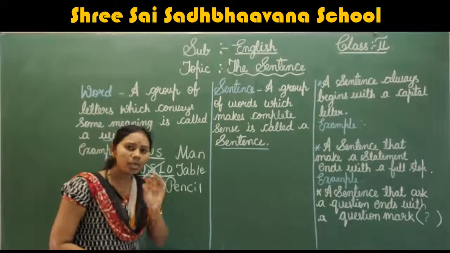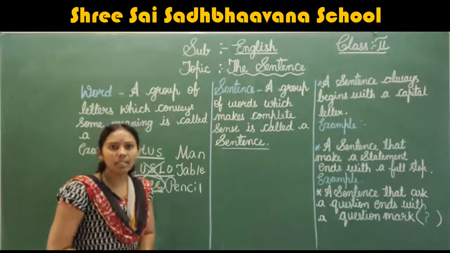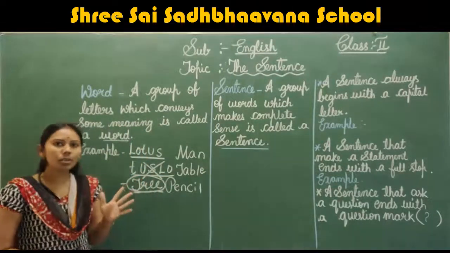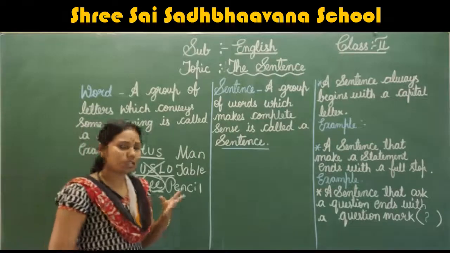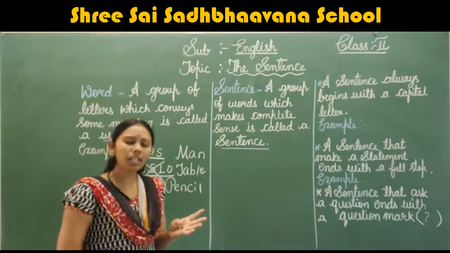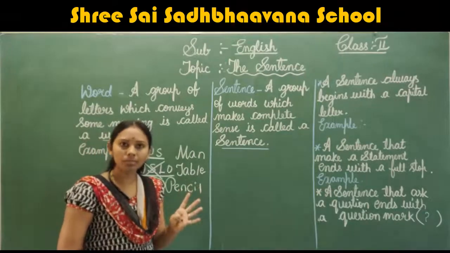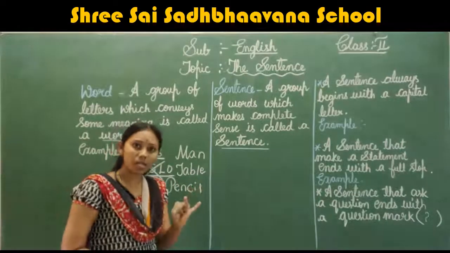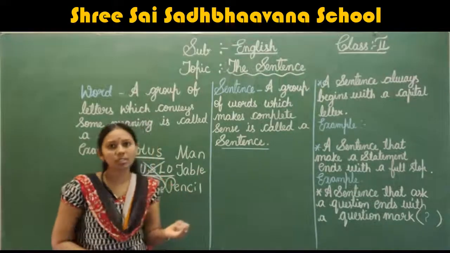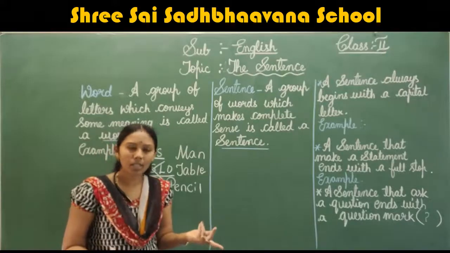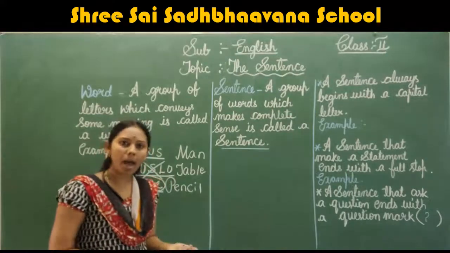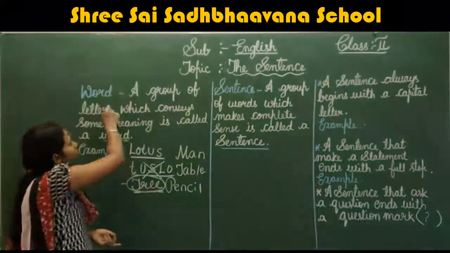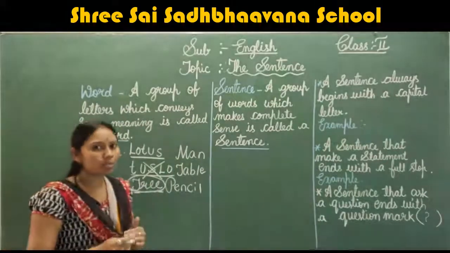Give five more examples for the word. Yes. What are the examples you are going to give? Any word you can give. School, house, mother, father, shop, book, bag. These are all words. Now, what are words?